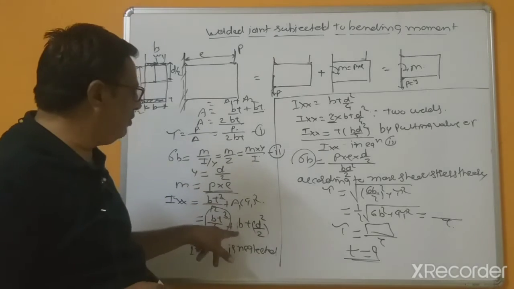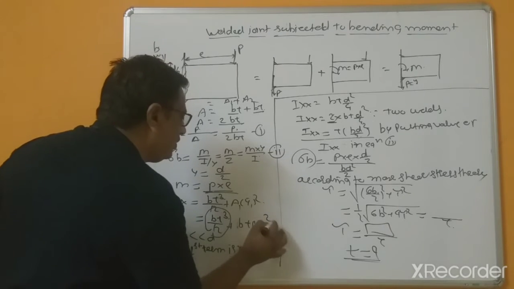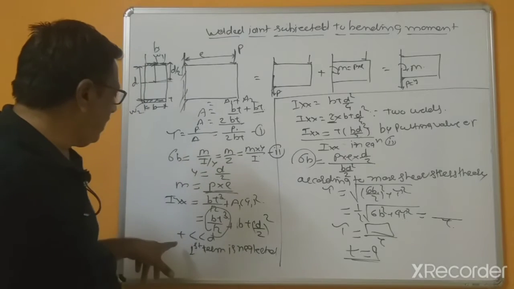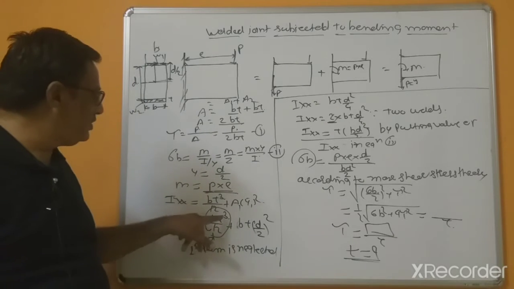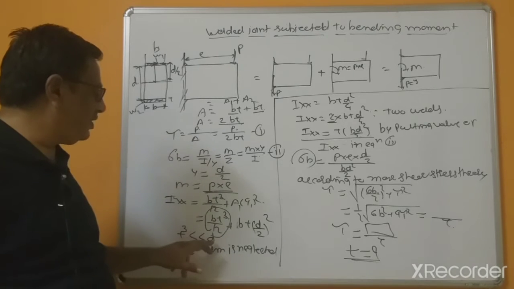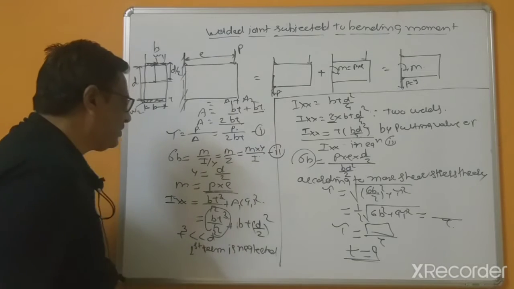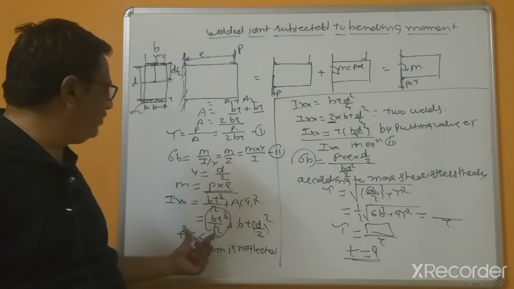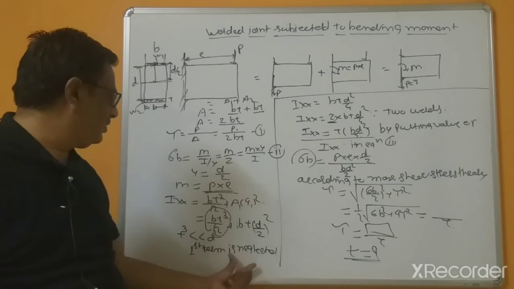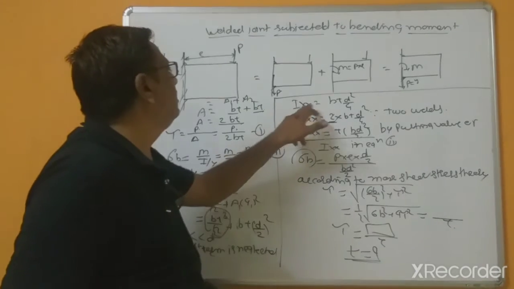So A1 equals BT, Y1 equals (D divided by 2) squared, and this T cube is small as compared to D squared. That's why we can neglect the first term. The first term is neglected. Now what is remaining?